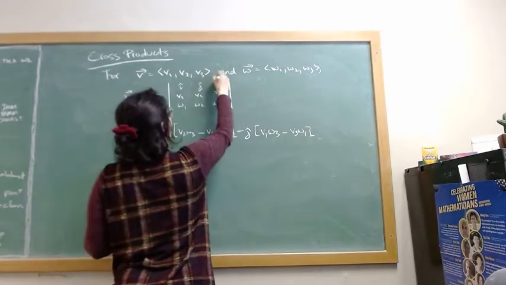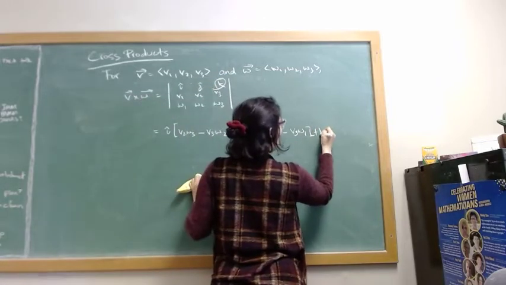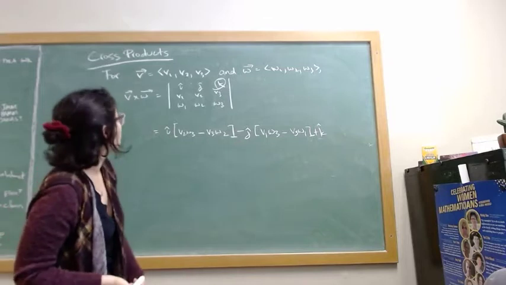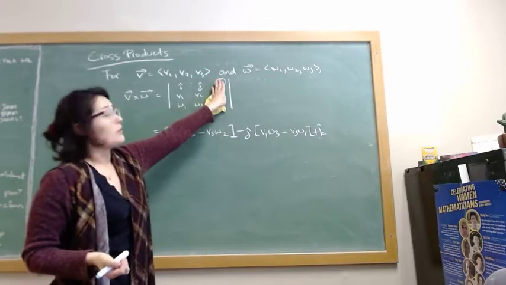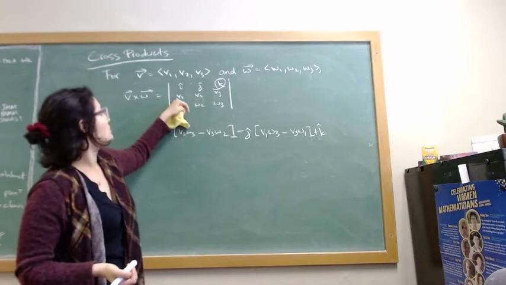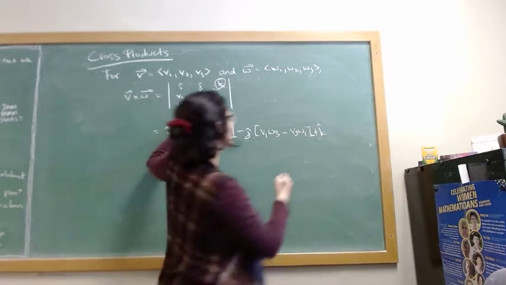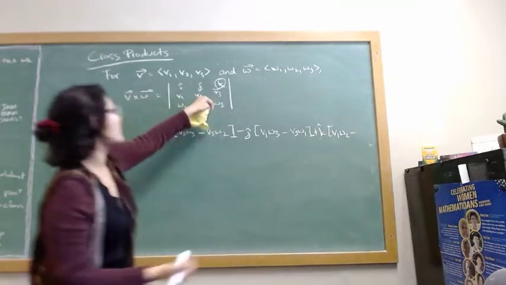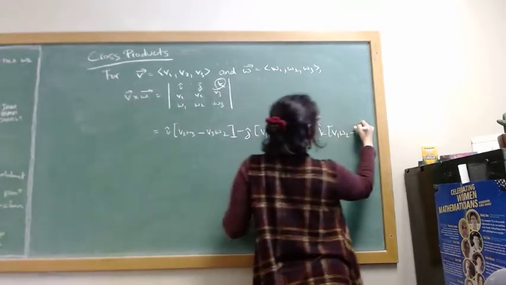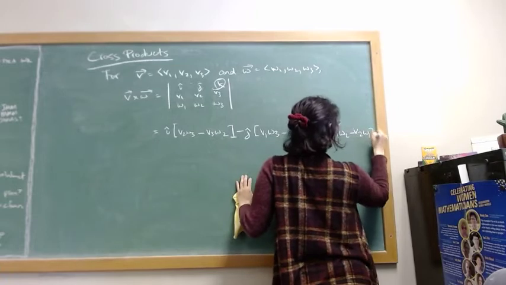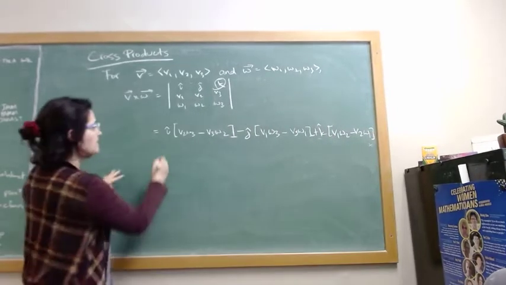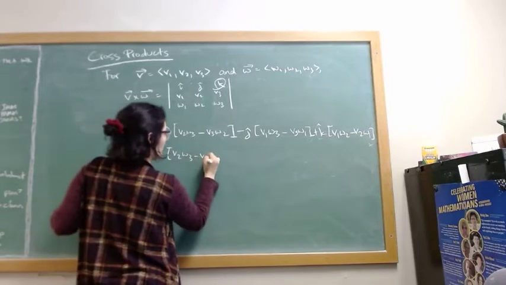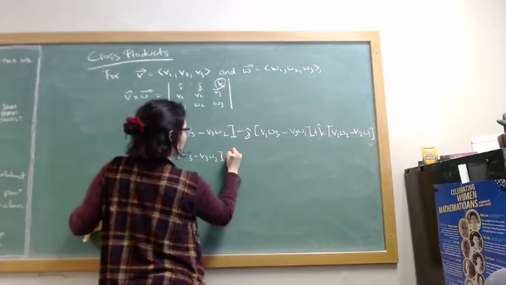And then I go on to the last component. I do my plus k hat. You only have to remember the minus sign for the middle j hat. Block out what's below k hat and then do the diagonal v1w2 minus the other, v2w1. And then if we simplify this, it's actually just going to look like your normal cross product formula.